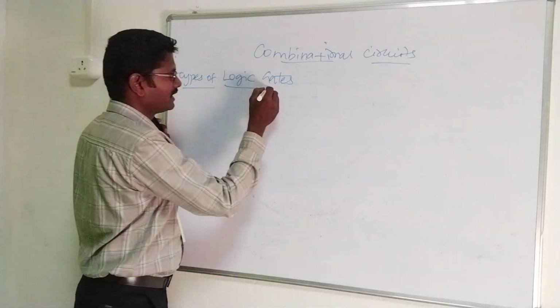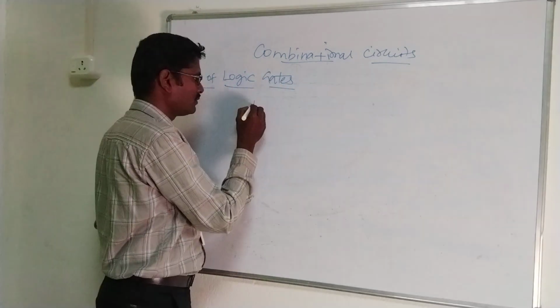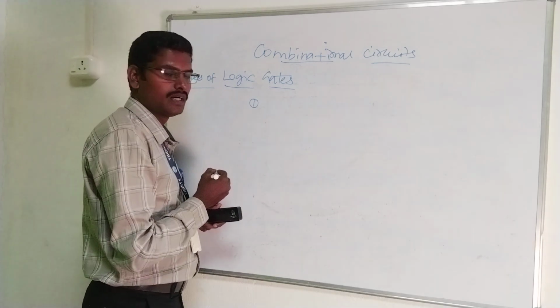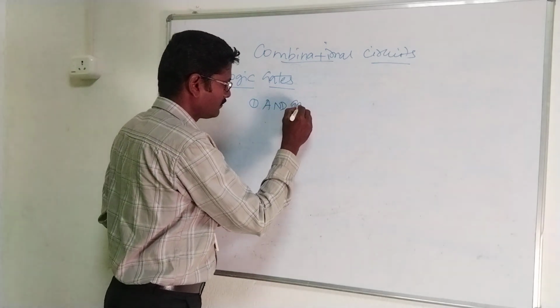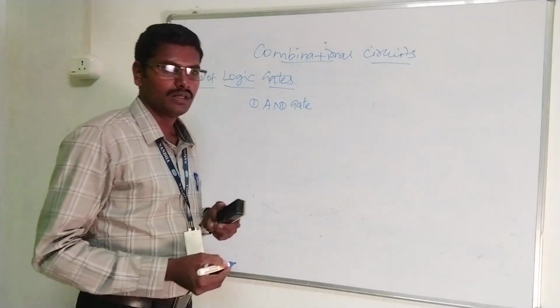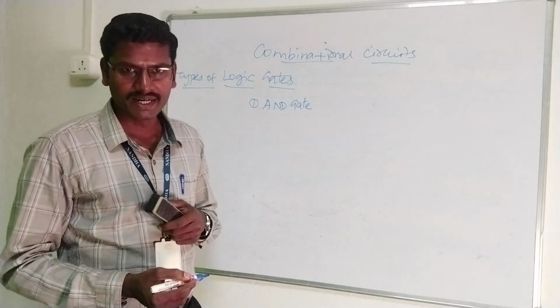The first and foremost type of logic gate is the AND gate.